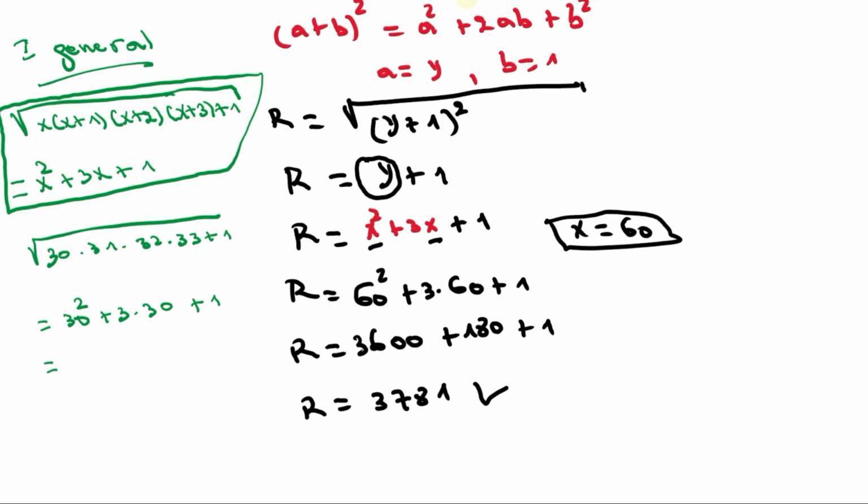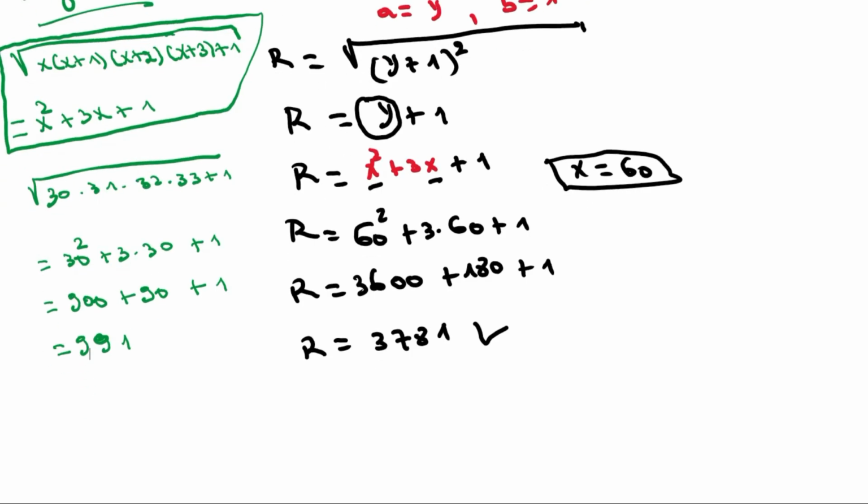This is 900 plus 90 and plus 1, which is equal to 991. You see, very easy.